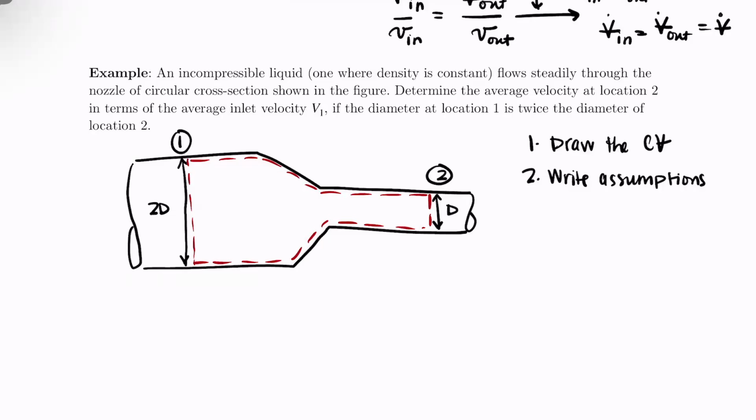There's a couple that are written for us directly. Yeah, steady. So we have that it's flowing steadily, so we can write that down. So steady flow. I always like to remind myself that that means, oops, sorry, I'm in 3500 mode, d/dt is equal to 0, right?